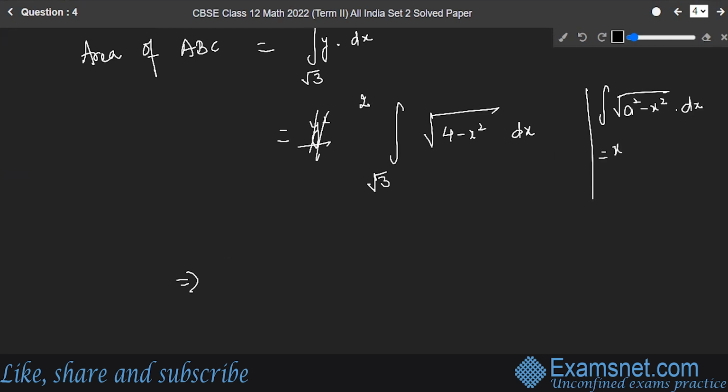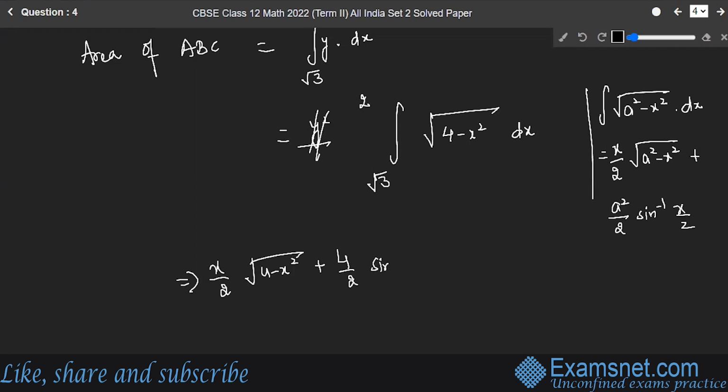This is the formula: integration of root of a square minus x square dx is equal to x by 2 root of a square minus x square plus a square by 2 sine inverse x upon a. I'm using the same formula over here. So this will be equal to x by 2 root of 4 minus x square plus 4 upon 2 sine inverse x by 2, limits from root 3 to 2.